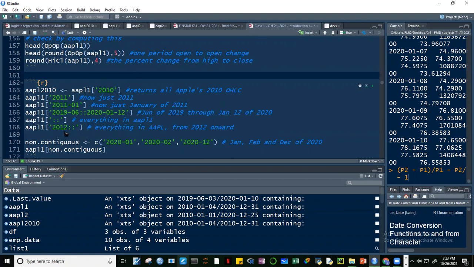So this one from 2012 until the last, and you can create a non-contiguous XTS object here: 2020 January, 2020 February, and 2020 December. So for the 3 months, let's see this.